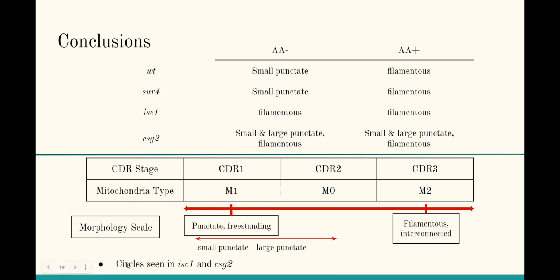Another thing that we saw were circles. These were just circular morphologies that we saw within ISC1 and CSG2. We're not really sure what they were, but we did notice them in both of these strains. Our hypothesis is that it could be from budding scars, it could be scarring from stress, and that would be something that we could look into further.